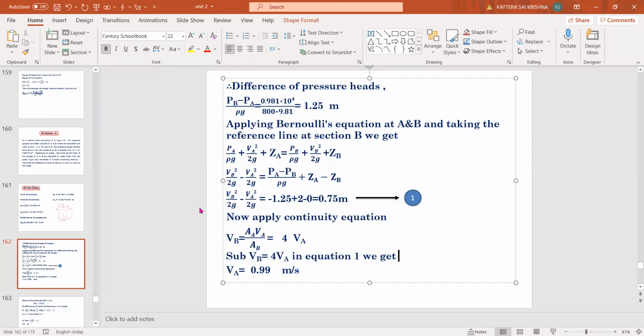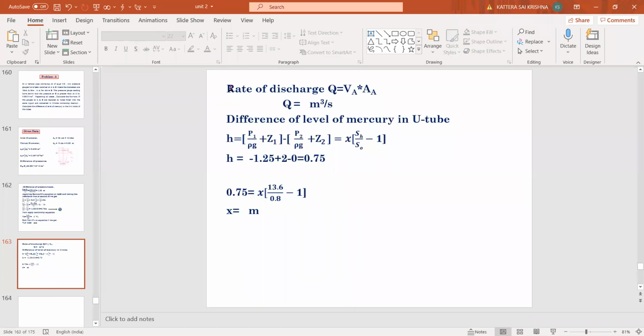So after getting VA, and A is already there, you need to find discharge. The rate of discharge Q is equal to VA into AA.